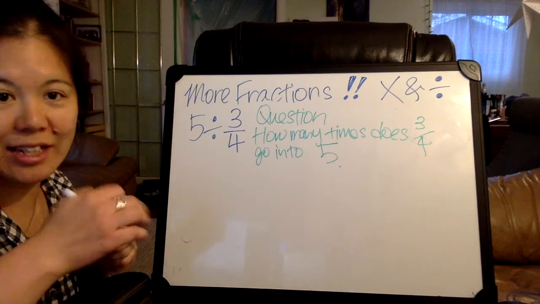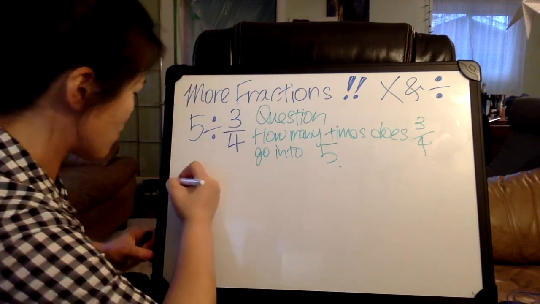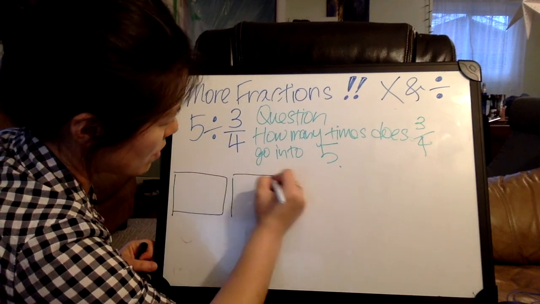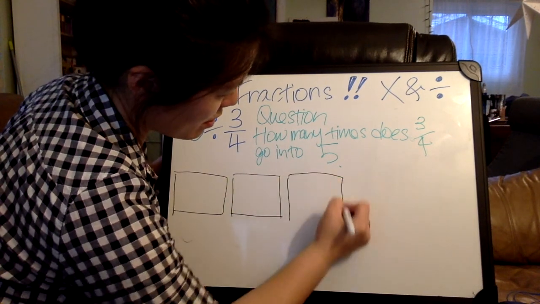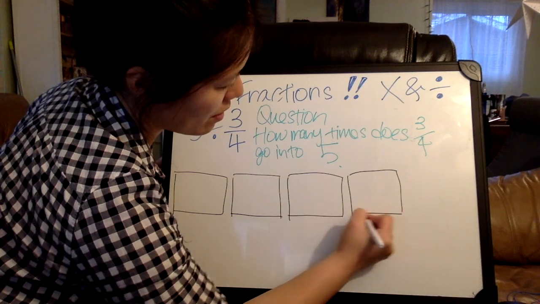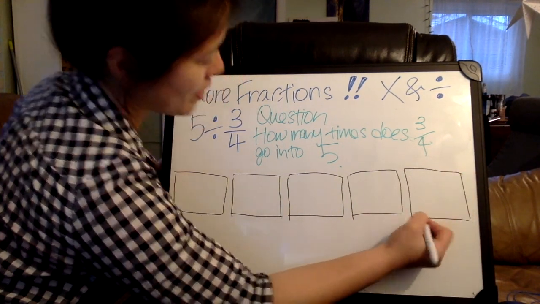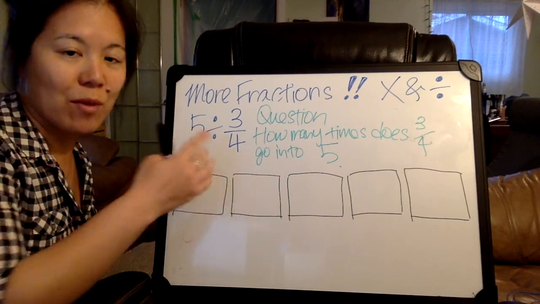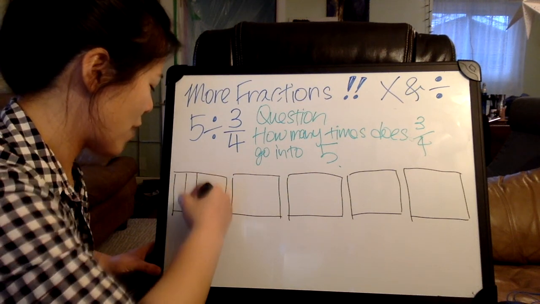I need 5 holes: 1, 2, 3, 4, 5. Now each hole I will divide into 4 equal parts.